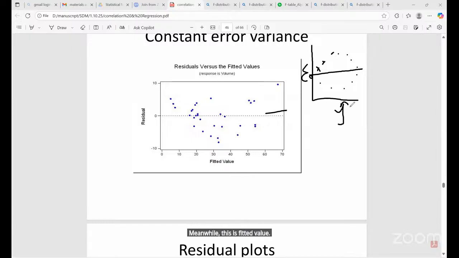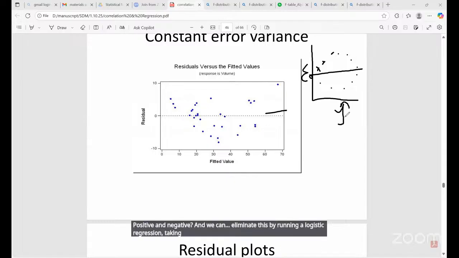It is showing us that the residuals are increasing as the fitted value increases, as well as decreasing as the fitted value decreases. Here, it's likely that our response has two outcomes, positive and negative, and we can eliminate this by running a logistic regression, taking into account the binary nature of the response.